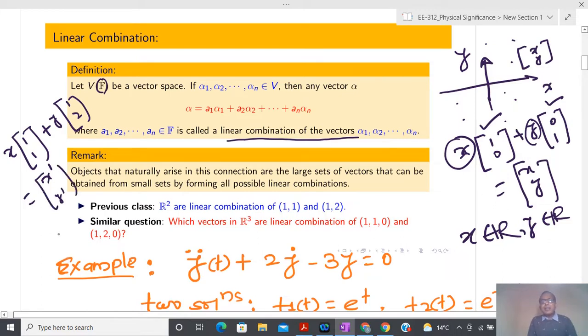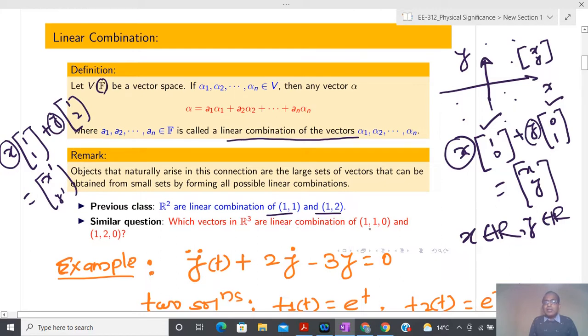So you can select any element of this space, and if you solve this linear algebraic equation, you will get the values of x and y. Using these two vectors I can again represent this same space.